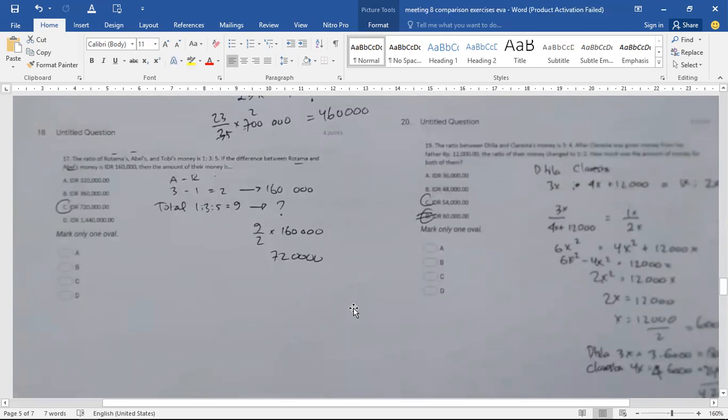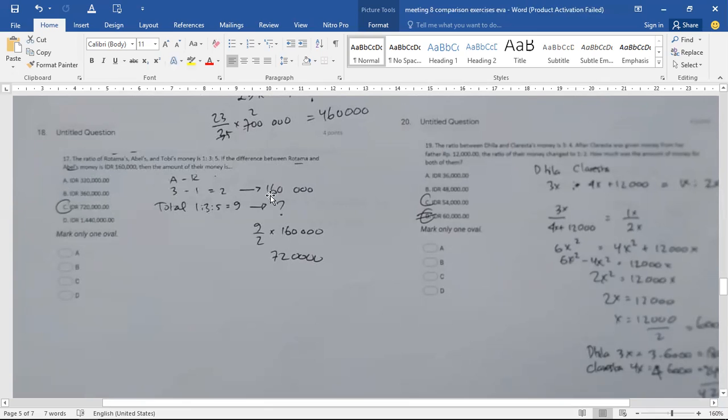Next, still with the same type of question. Rotama, Abel, and Toby 1, 3, and 5. The difference between Rotama and Abel is 160,000. Rotama and Abel, so 1 and 3. The difference is 2, I think. Yes.